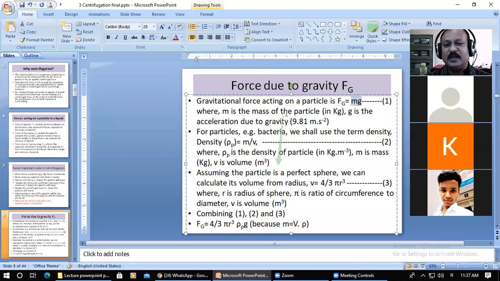This mass is in kilograms, and the acceleration due to gravity is in meters per second square. You are aware of this term also, meter per second square.